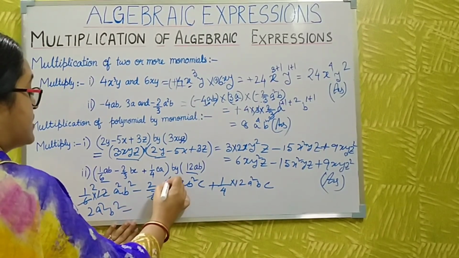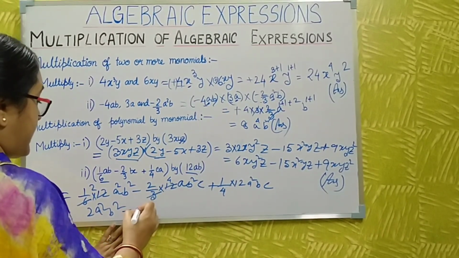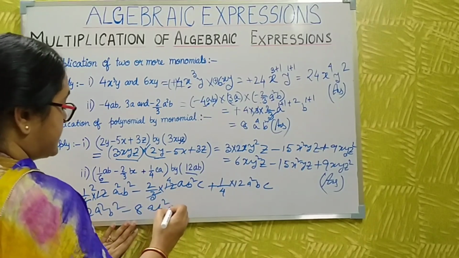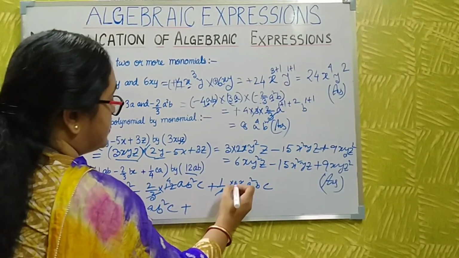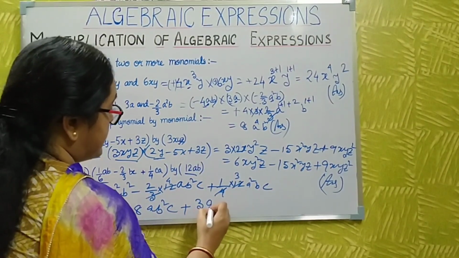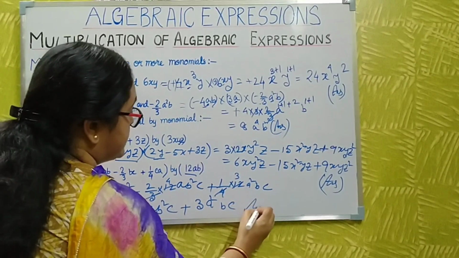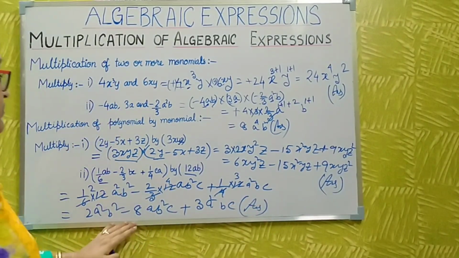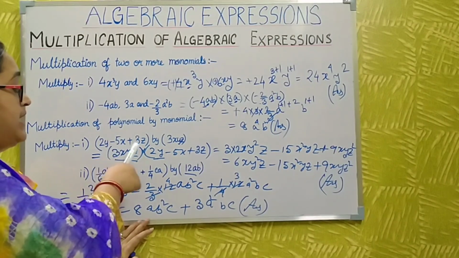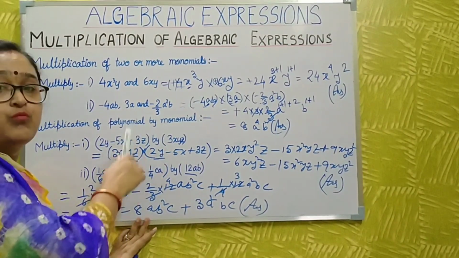Then 3 4s are 12, 4 2s are 8, so minus 8 a b square c. Plus 4 3s are 12, so 3a square b c. This is the answer of this multiplication of a polynomial by a monomial.